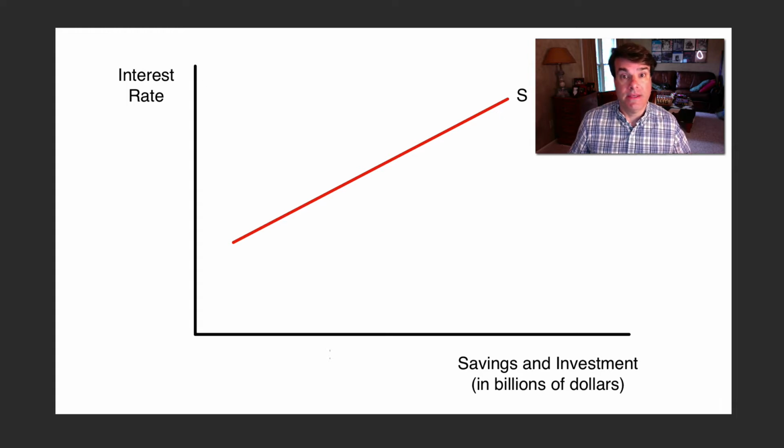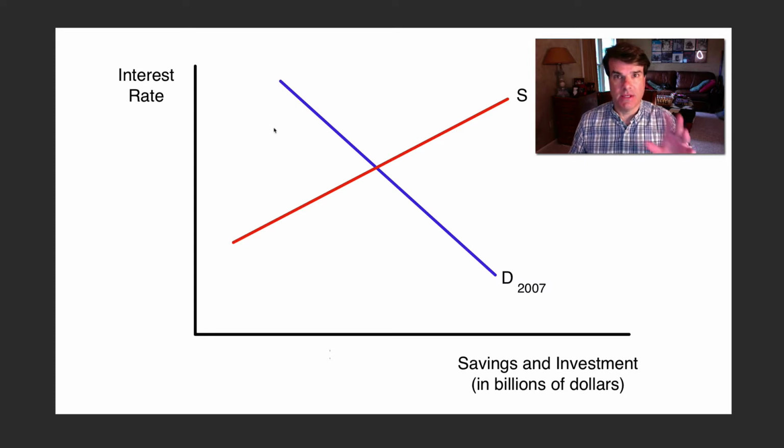Now, the demand in 2007 sort of looked like this. I'm not playing with real numbers yet. The demand was down here. So this was more over here if the interest rate is lower, just like our normal supply and demand. I have more money that I am demanding the use of over here if the interest rate is low, but I don't demand as much if the interest rate is high, and that's because I need to borrow money to start a business, to expand a business, to do other things, and I don't really want to pay 15% interest.